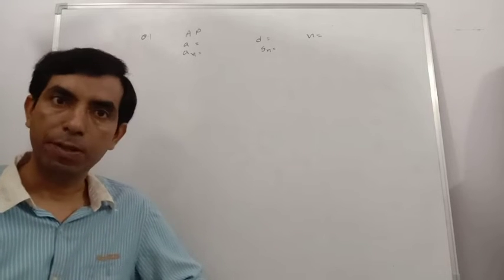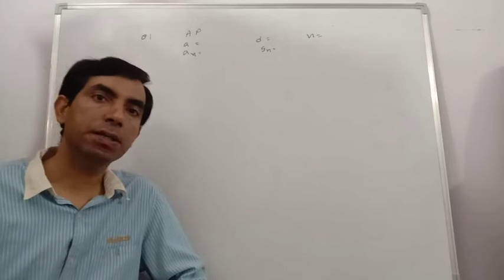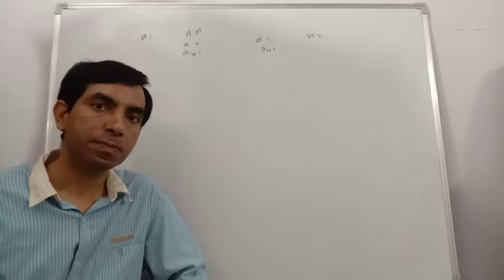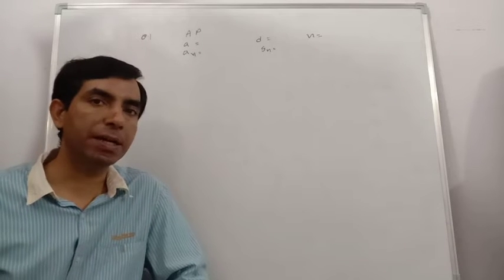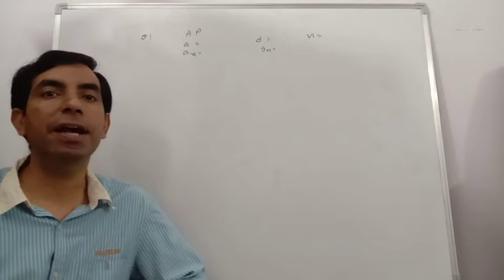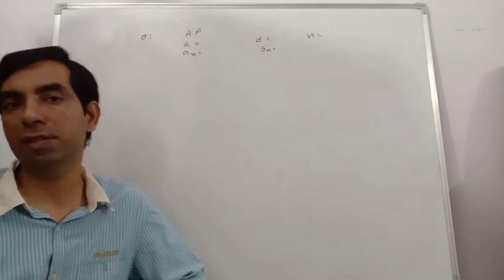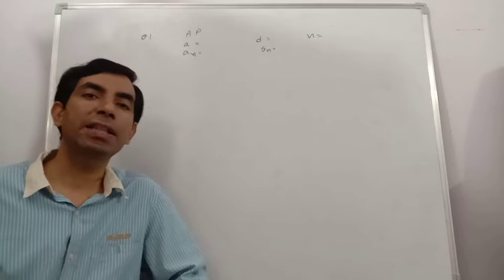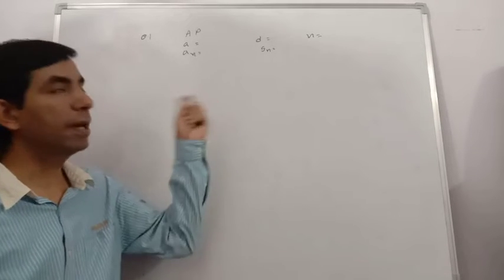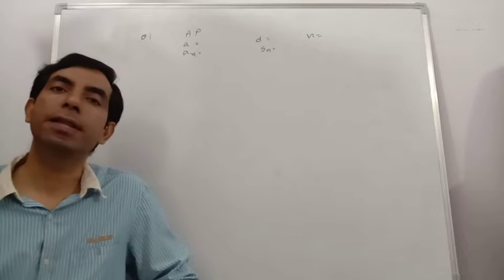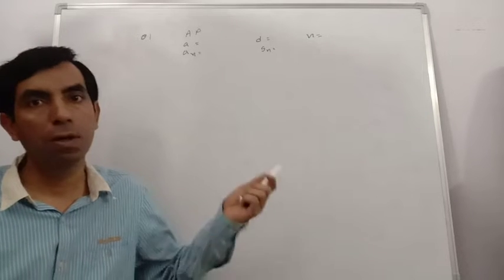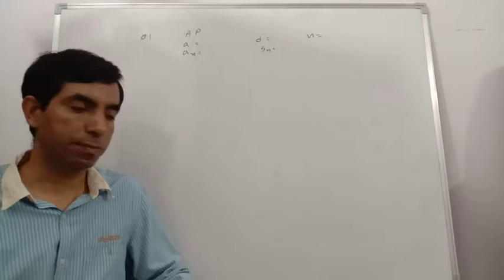A is the first term, D the difference, N the number of terms, An the nth term and Sn the sum of n terms. If the sum of 7 terms is given, then we write S7 or n is equal to 7. If the 11th term is given, then we write A11, because An and Sn represent the number of terms if it is given. So now we start the calculation.